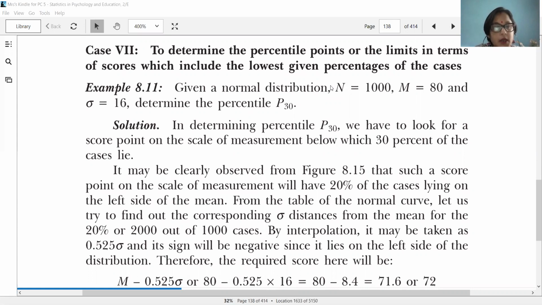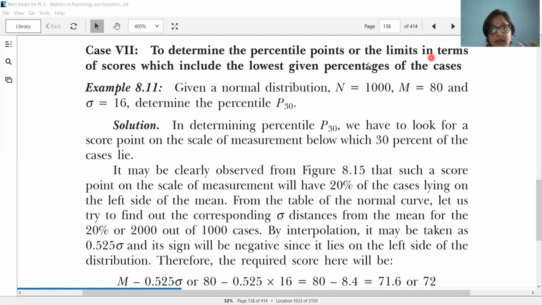Of normal curve from application number 7. According to application number 7, normal curve is used to determine the percentile points or the limits in terms of scores which include the lowest given percentages of cases. It means that normal curve is used to determine the percentile points or upper limit.